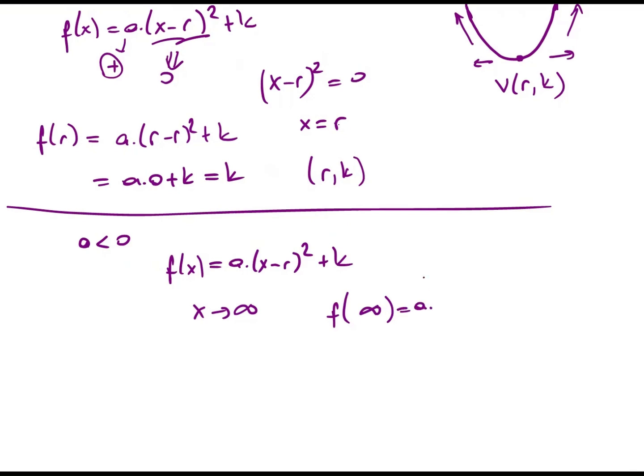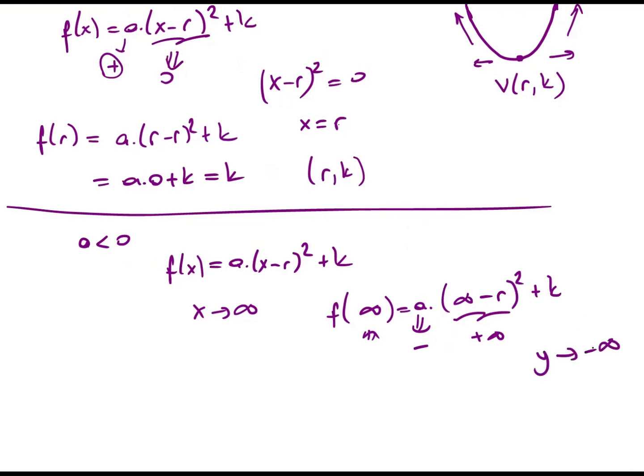If we substitute a really big number, we get a times (infinity minus r) squared plus k. Since a is negative and the square goes to infinity, when we multiply these two numbers, it will go to minus infinity, right?